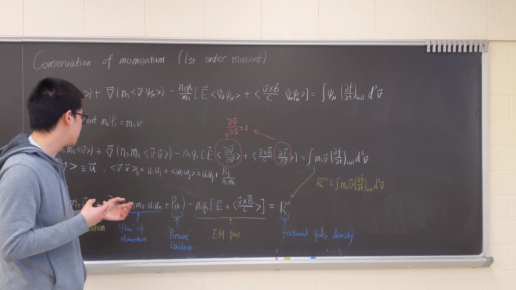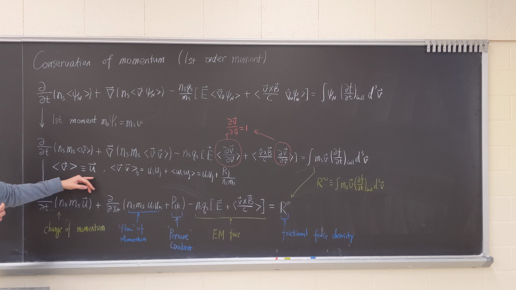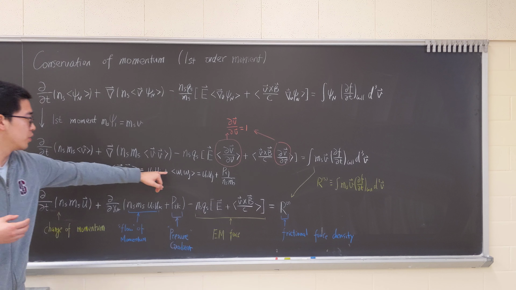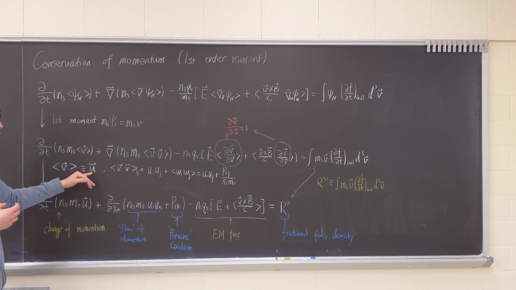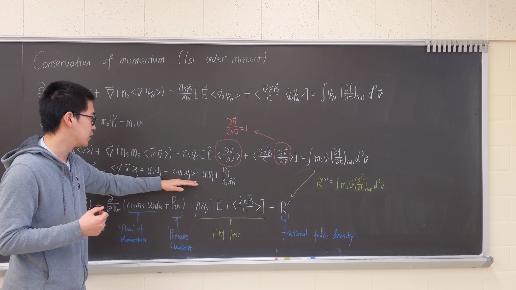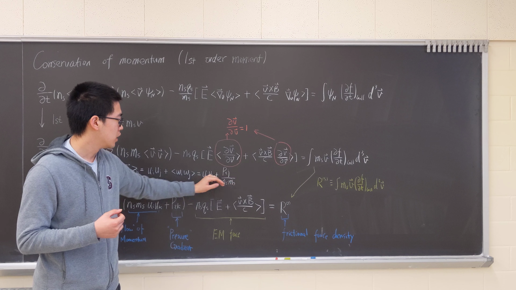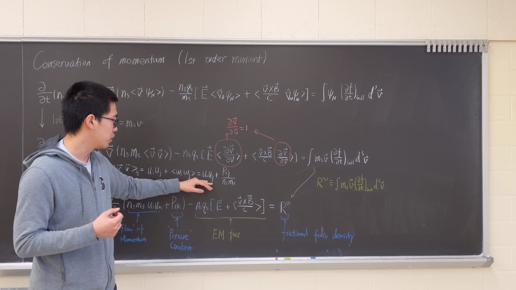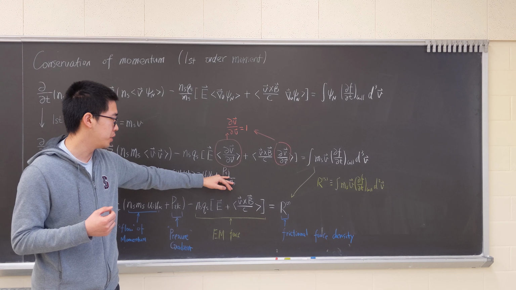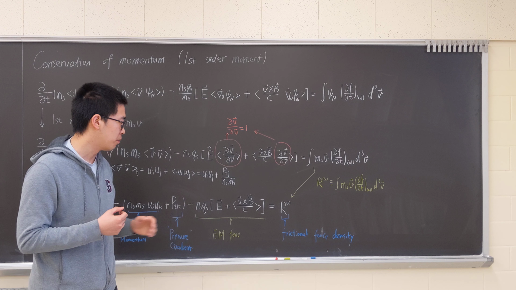It's a random motion, so the average of w will be 0 because it's random motion. So it's not here, but we will have this in the second order average. Then we end up having u_i u_j and p_ij over n m_s.